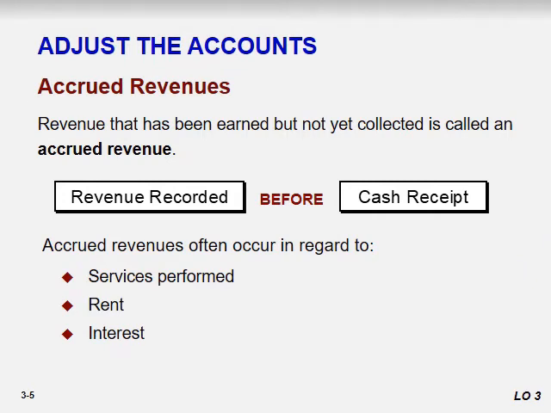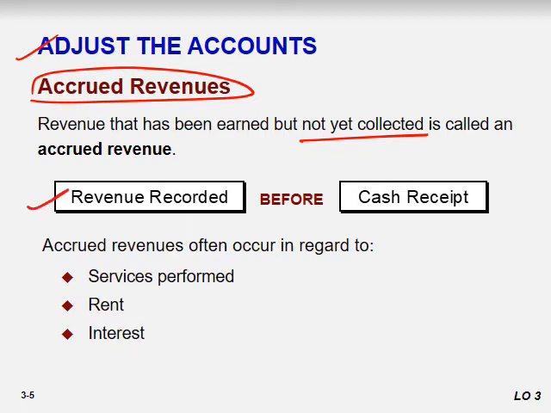Now moving towards the accrued revenue in adjusting the accounts. So businesses often earn revenue before they receive the cash. So a revenue that has been earned but not yet collected is called accrued revenue. So the tagline is the revenue recorded before cash is received.